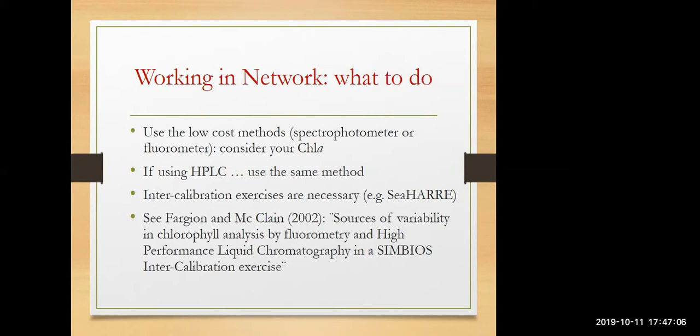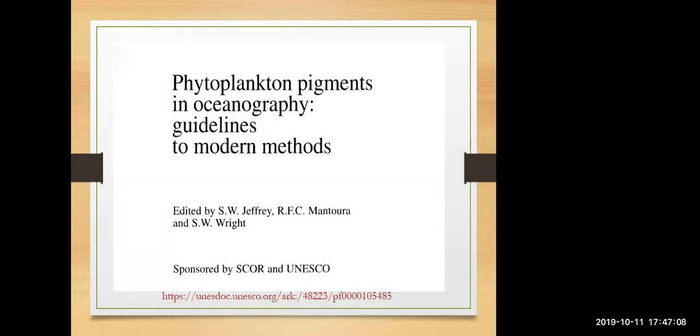Well, finally, I want to mention that much of the information in this presentation was based on the book by Jeffrey from 1997, Phytoplankton Pigments in Oceanography: Guidelines to Modern Methods.